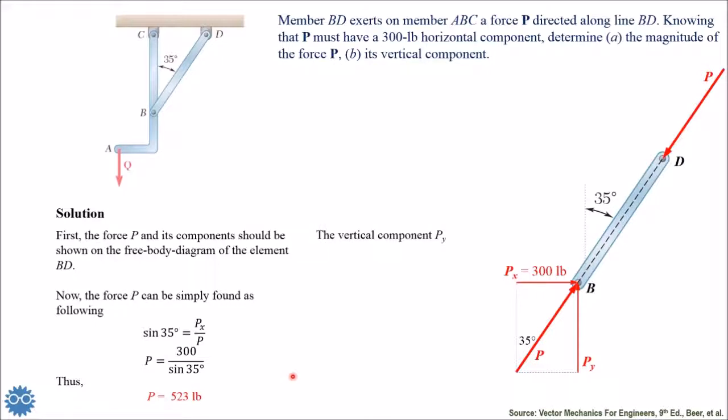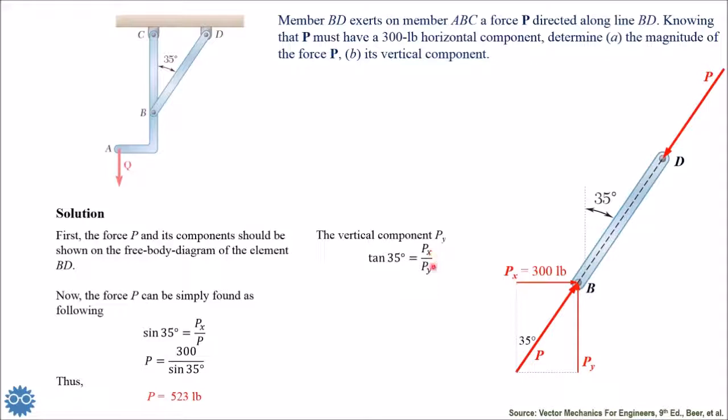The vertical component can be easily found because we also have this triangle, so we can find it by the tangent of this angle. Please be careful here. Sometimes some students try to memorize the relationships just by knowing the subscripts or the components. Somebody says, oh my God, how can the tan of an angle be Px over Py, not Py over Px?